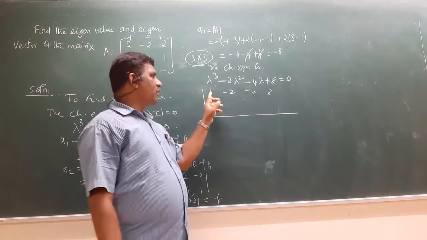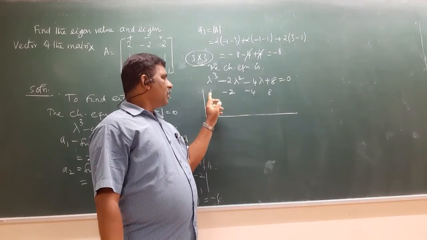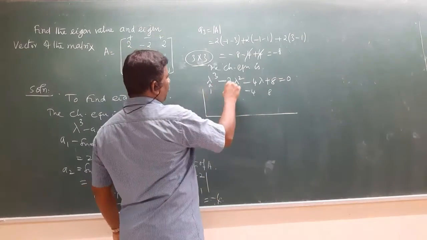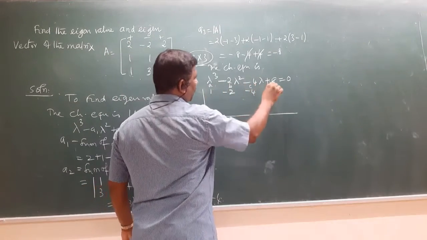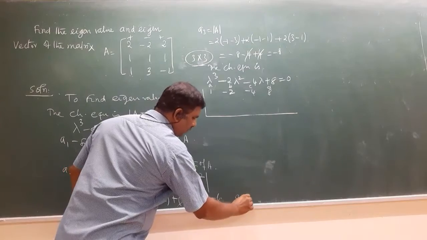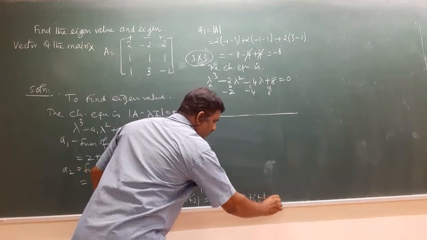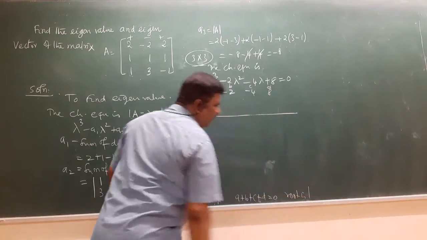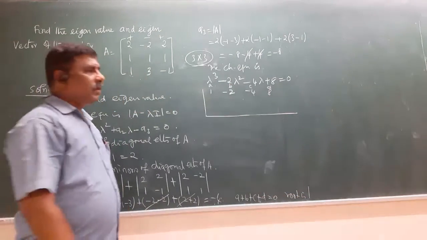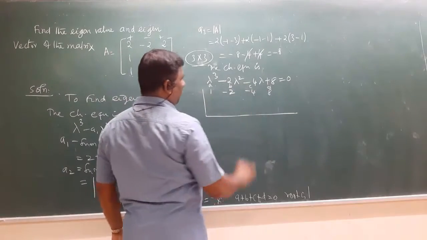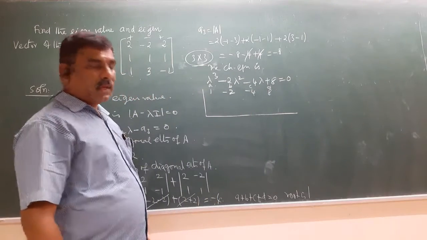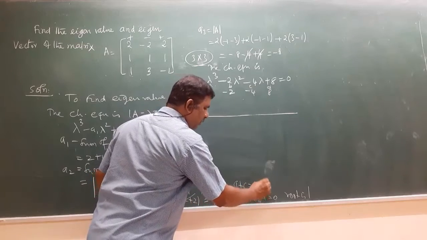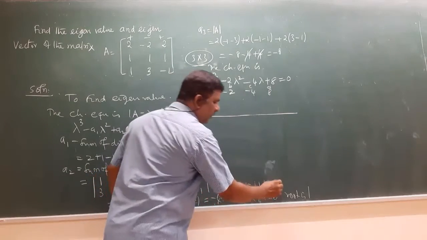If you take the coefficients as A, B, C, D, and if A plus B plus C plus D equal to 0, then the root is 1. Here, adding them, the sum is not equal to 0. In case you add the alternate elements, A plus C equal to B plus D, then the root is minus 1.